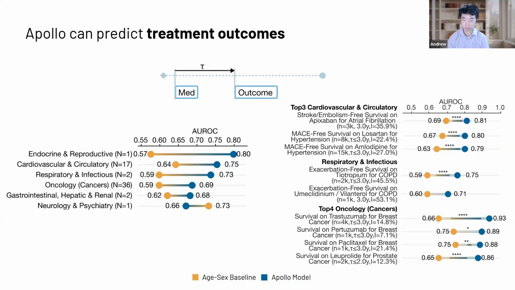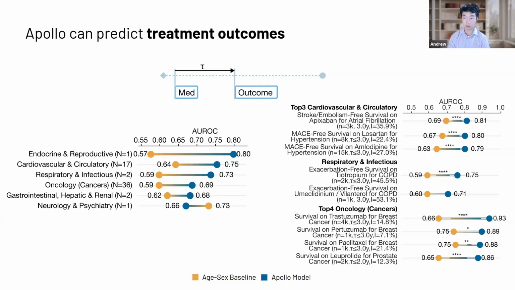And so one thing I want to point out on the treatment outcome task in particular, these are associational predictions, right? I'm not making any causal claims here. In fact, it's really impossible to make any causal claims here without proper causal inference techniques or having the counterfactual.